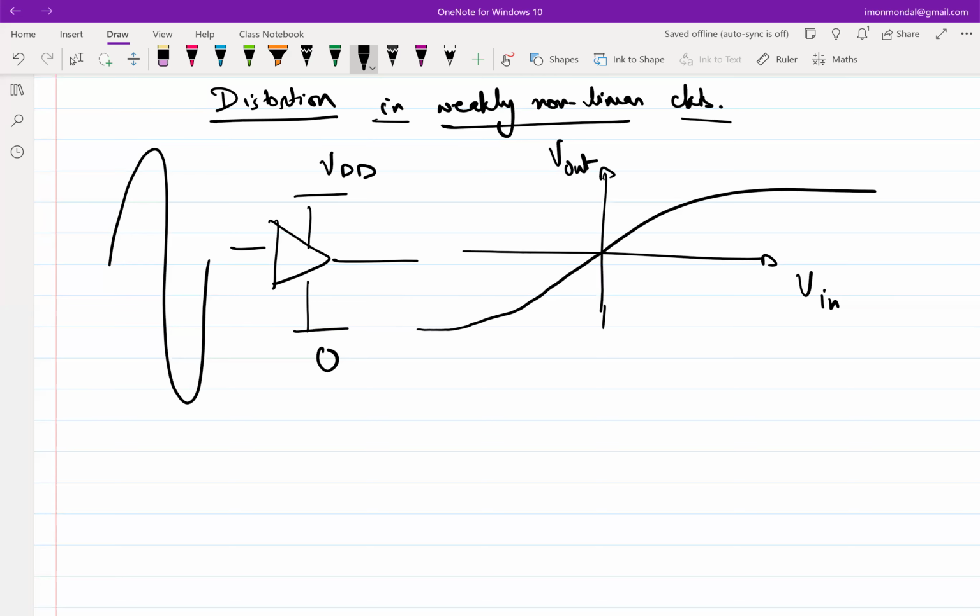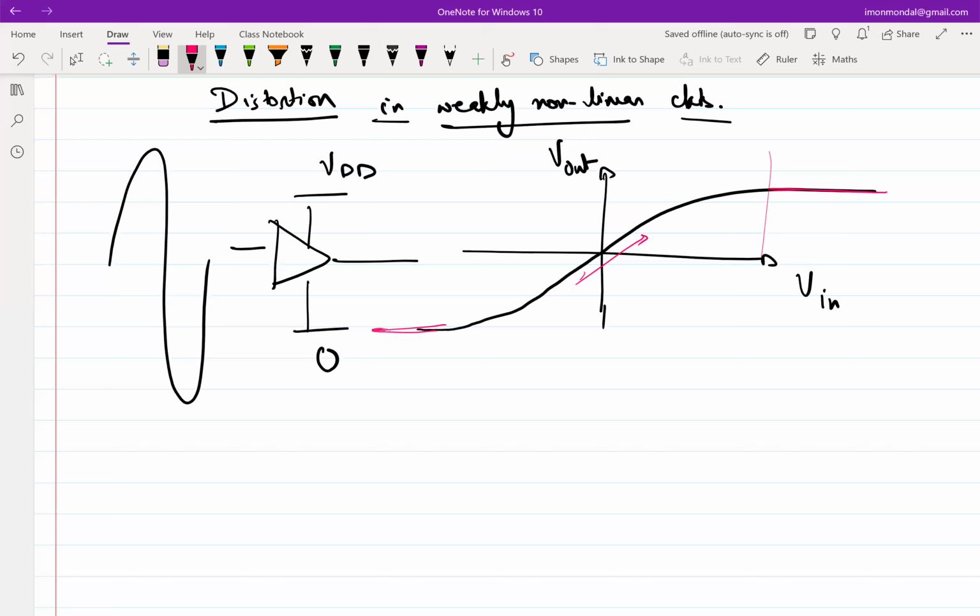What do these two edges signify, where V out is flat, parallel to the x-axis? The amplifier is getting saturated, because for any incremental change in V in, there is no change in V out. The output is not responding, so the amplifier is getting saturated.